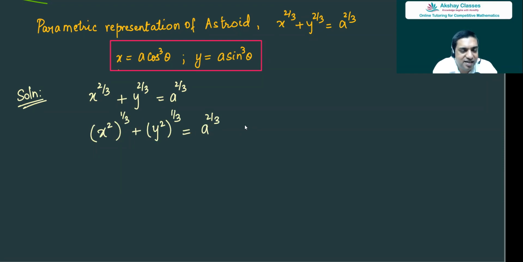So x can take positive or negative values, y can also take positive or negative values. Very simple. Now you replace x by minus x. When we replace x by minus x, the equation does not change, which means the graph is symmetric about the y-axis.